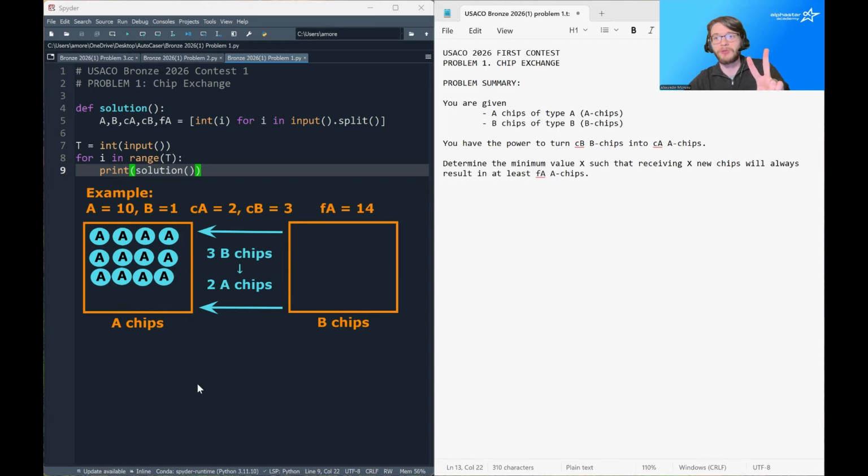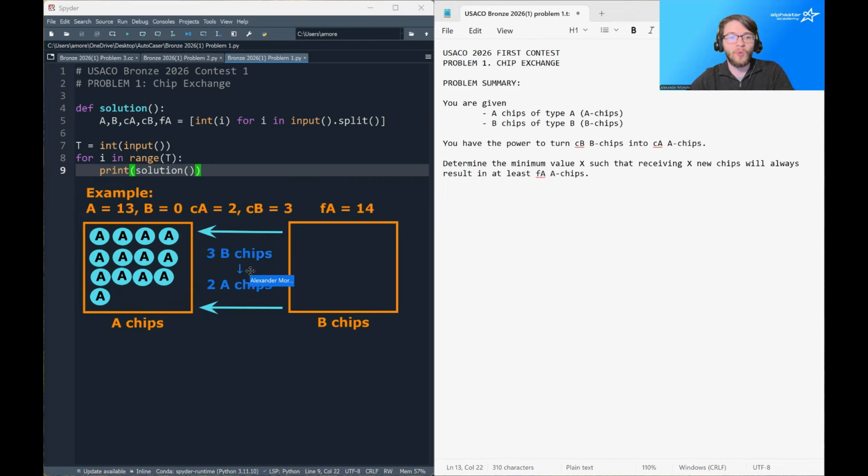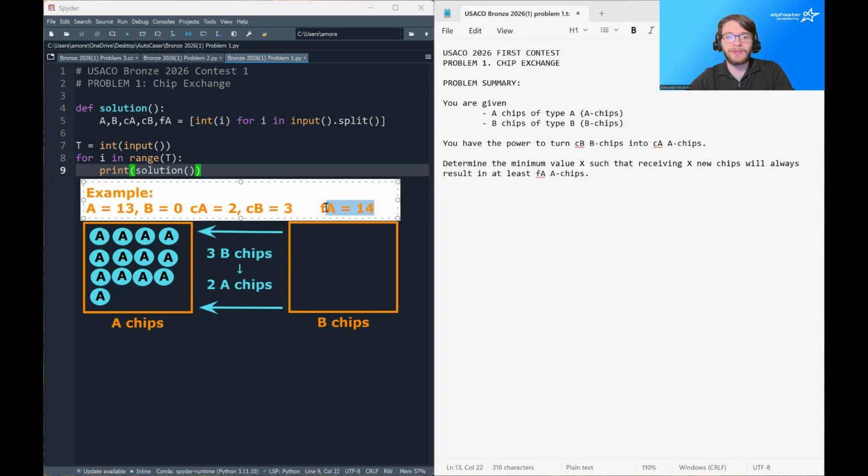So I've given myself 2 B chips, and that's produced 2 A chips. I'm then going to give myself 1 more A chip. And the reason why I want to give myself 1 more A chip here is that would put me exactly at 13 A chips. And that is 1 smaller than the amount I need.